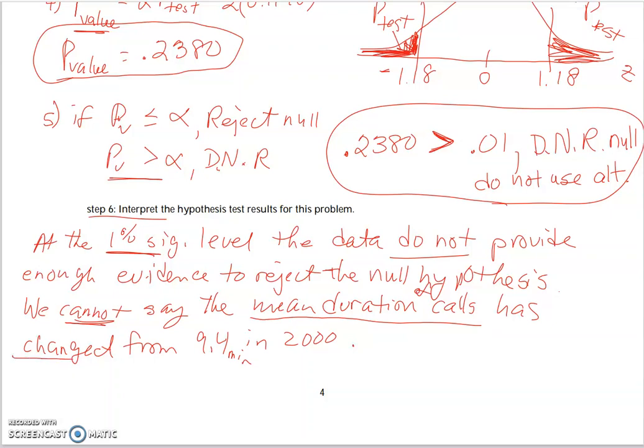So then the very last part, we want to state the strength of our evidence. Obviously, we don't have a lot of evidence here since we didn't reject, and certainly the p-value tells us that.